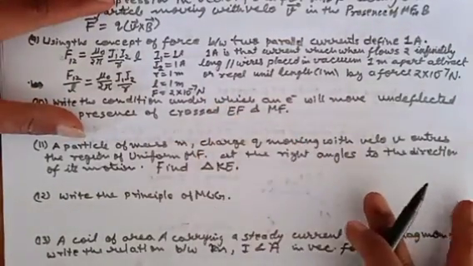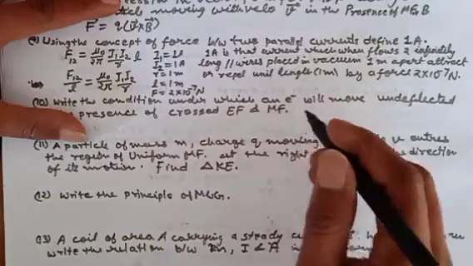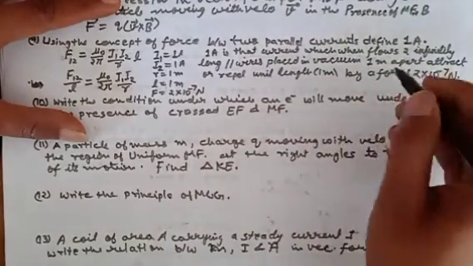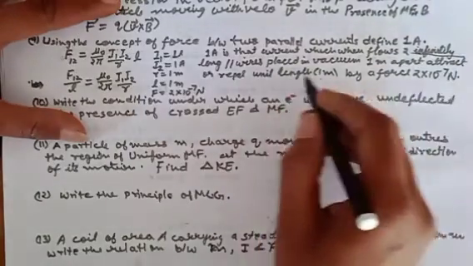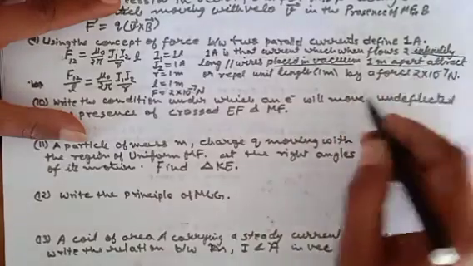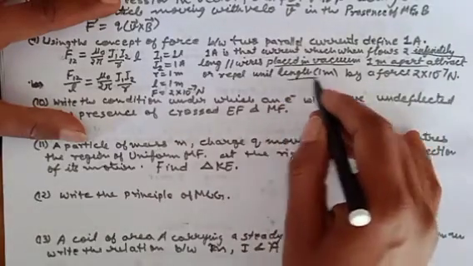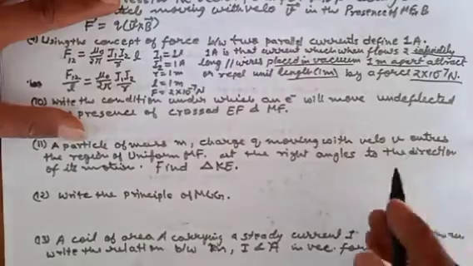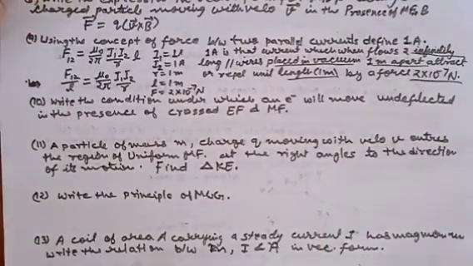Your word arrangement can be different, but what you need to put into it is: infinitely long, placed in vacuum, 1 meter apart, repel, 1 meter length, and this force. These are the key points.